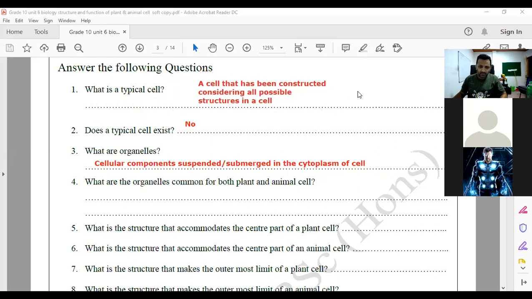This is the answer for the first question. Rest of the questions you have to answer and send me the answers. I am going to finish the lesson.